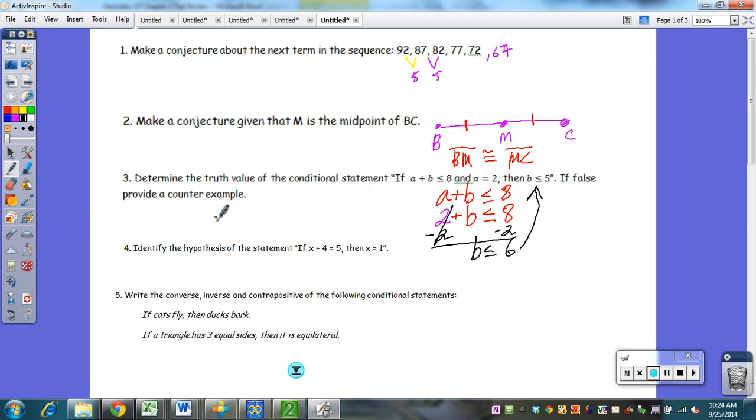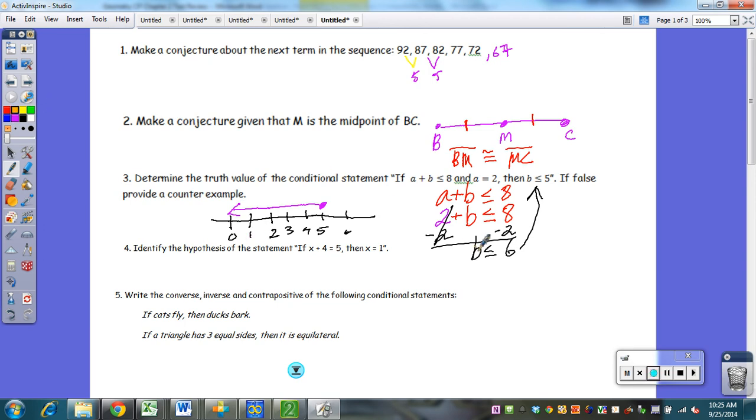And a counterexample is if I have a number line, so we have 0, 1, 2, 3, 4, 5, 6. So the first statement, the one that I started off with, was B is less than or equal to 5. So if B was less than or equal to 5, then we have a closed circle here. We're talking about all of our B values that are less than or equal to 5.